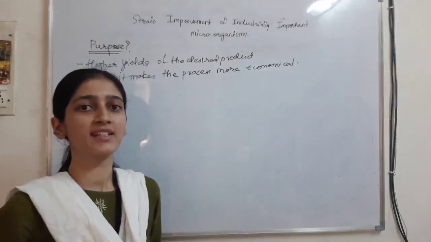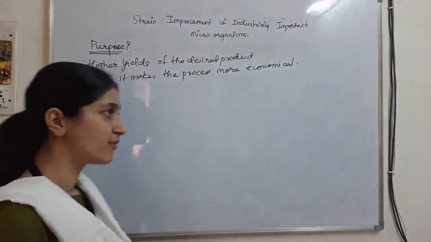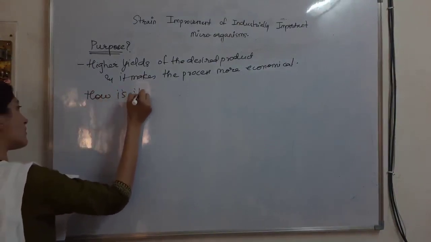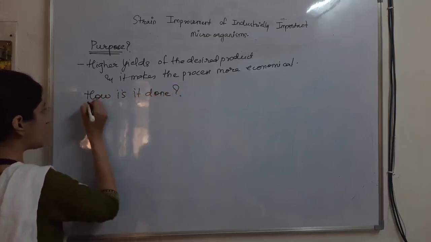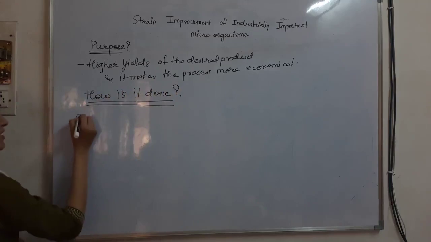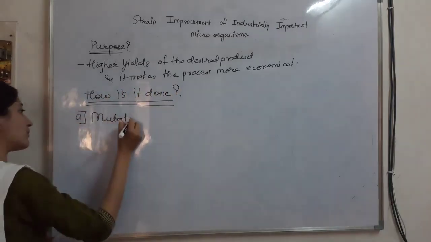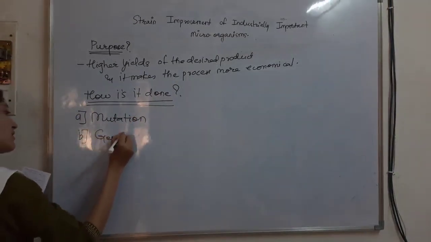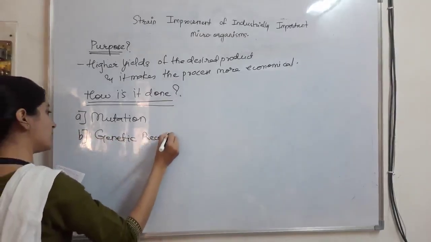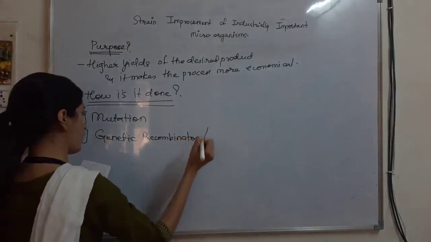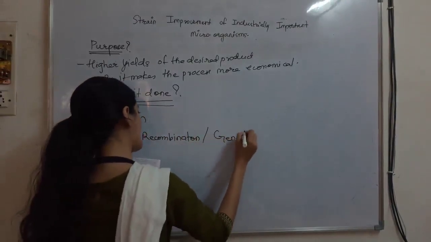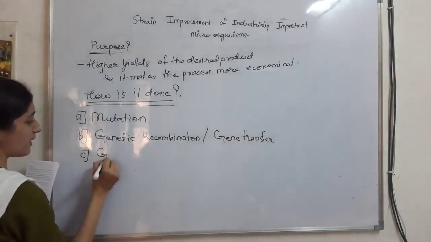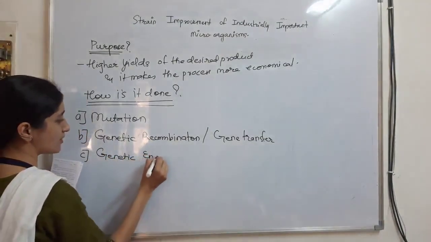So, there are some techniques by which we can improve a certain strain, which are first, mutation, second, strain improvement by genetic recombination or by gene transfer, and third is strain improvement by genetic engineering.